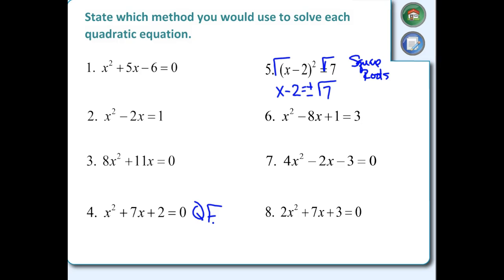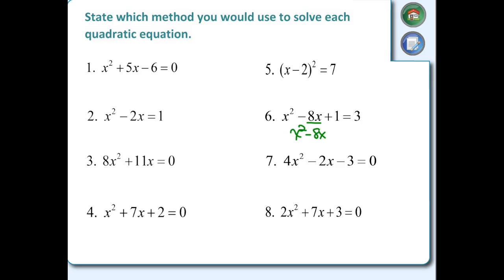Okay, now let's look at number 6. When I look at number 6, first of all, I could complete the square because b is even, but it's not in the right form. So we would have to subtract 1 to the other side. x squared minus 8x equals 2, and we could complete the square.